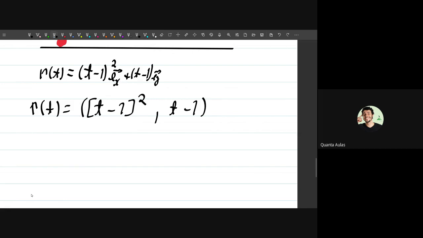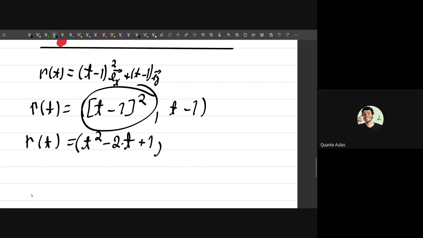If you do this, we have t squared minus 2 times t plus 1. I just did this multiplication, and here we don't do anything because it's right.